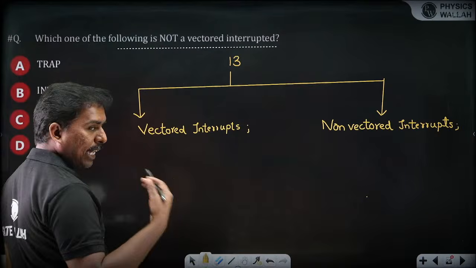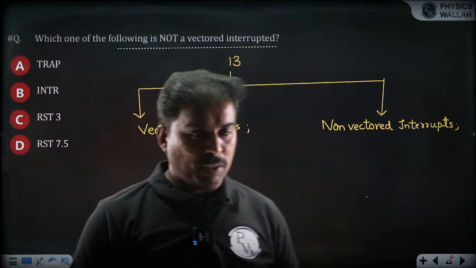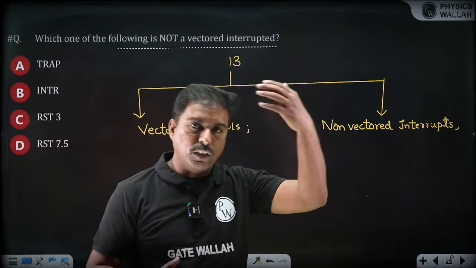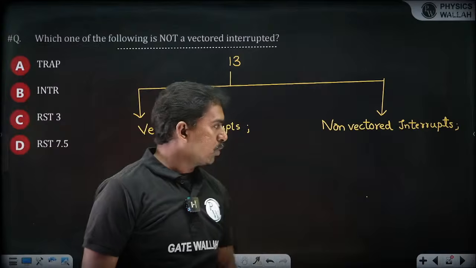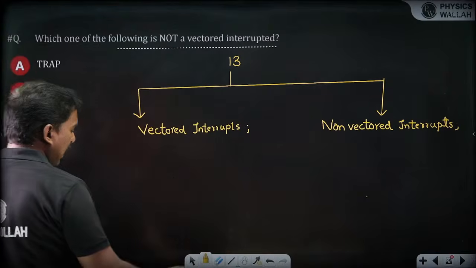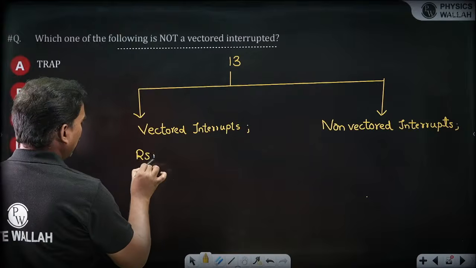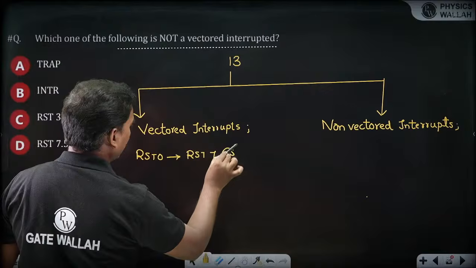They are having certain direction. After interrupt generation, it goes to a particular procedure, a fixed ISR. So we call it a vectored interrupt. What all can come in vectored interrupts? All our software interrupts, RST 0 to RST 7, will come.